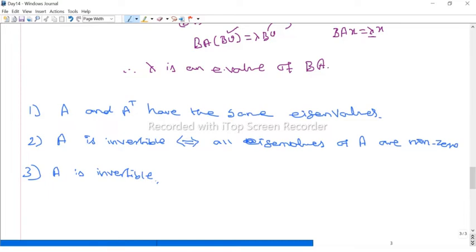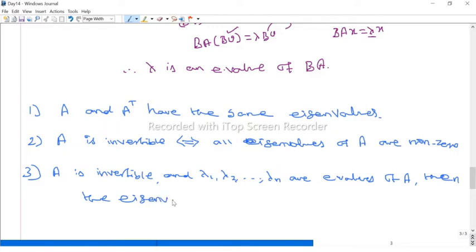Then the inverse is also invertible, because the inverse of A inverse is nothing but A. Suppose lambda 1, lambda 2, up to lambda n are the eigenvalues of A. Then the eigenvalues of A inverse are just the reciprocals: 1 by lambda 1, 1 by lambda 2, 1 by lambda 3, and so on, up to 1 by lambda n.